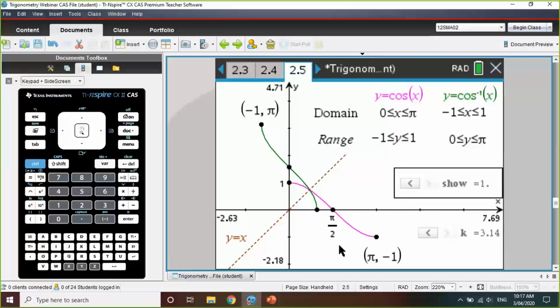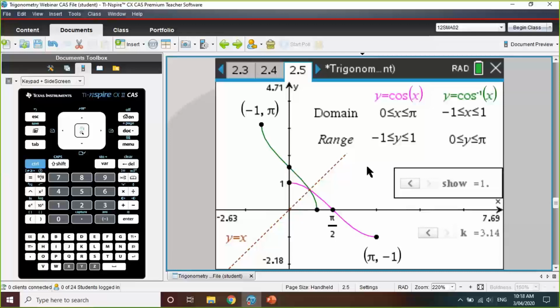So with our cos graph, our domain goes from 0 to pi. So that's going to become now our range of our inverse cos because we're swapping x and y. And then the range of our cos, -1 up to 1, which means now for our inverse cos, we're going left to right from -1 to 1. Right? So swapping x and y, and also we swap the domains and ranges.